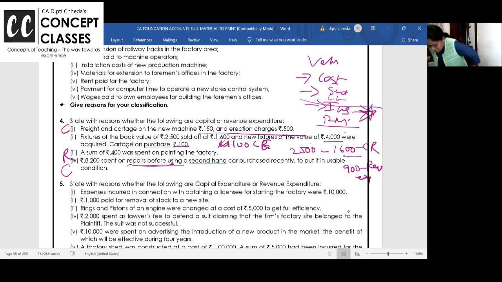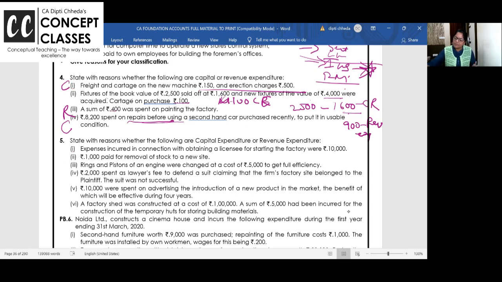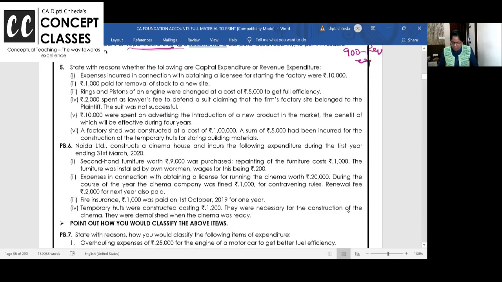Okay. Yes. Thank you so much that it's all clear to all of you. Let us go to the next one. If you come across any other books, any other academies' material, any different question, then ask me, no problem. Okay, sure. Let us do the fifth one now.